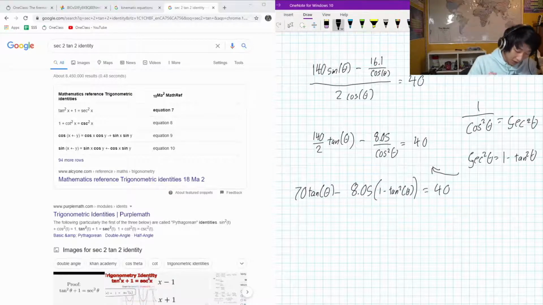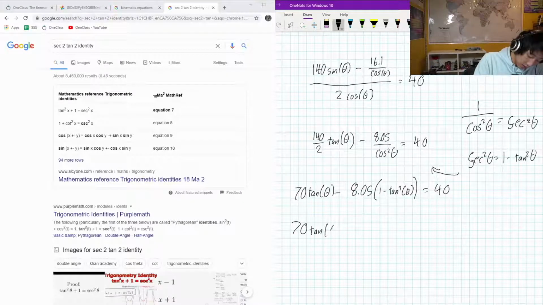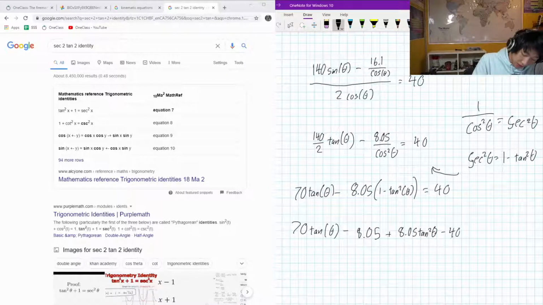Okay, so a lot going on in this question. The 70 tan squared, that's going to stay as is. Then we're going to have minus 8.05 plus 8.05 tan squared theta minus 40 is equal to 0, because we need to set this up for the quadratic formula.